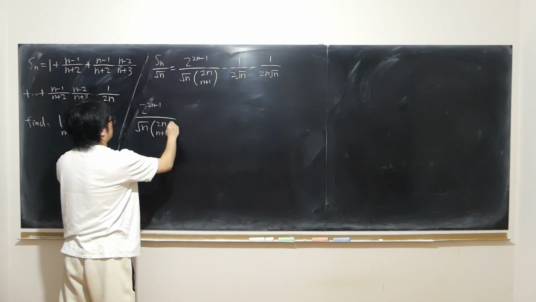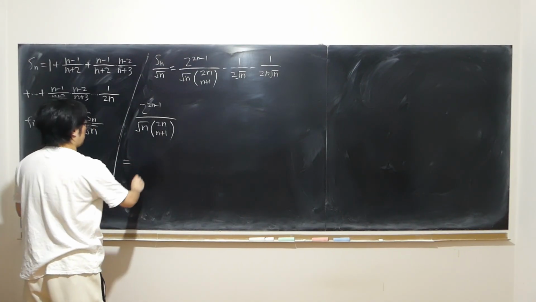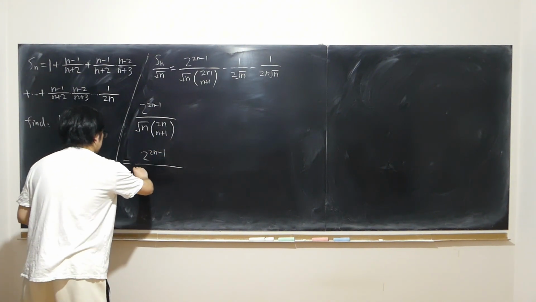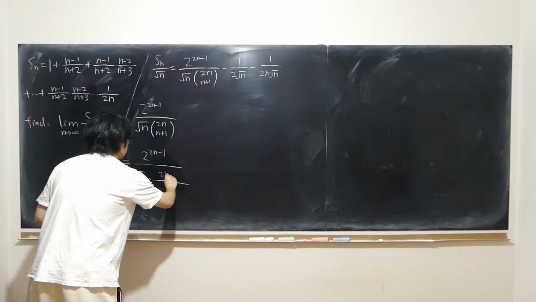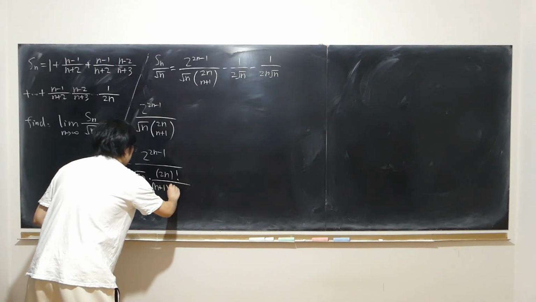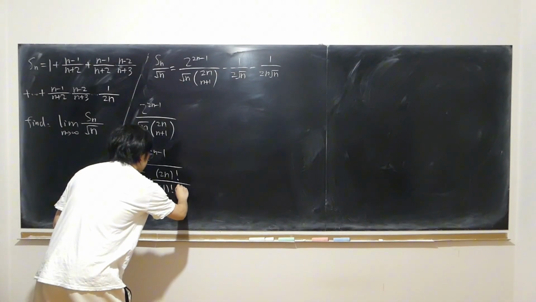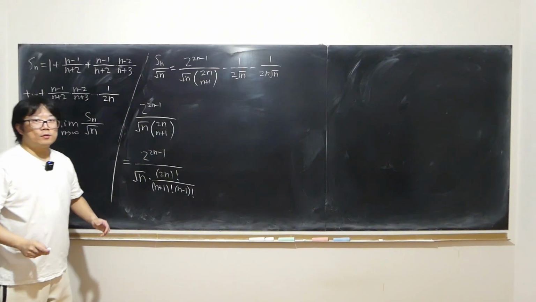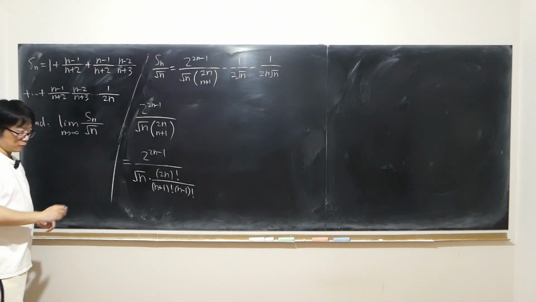So when you write it down in detail, square root of n times 2n factorial, n plus 1 factorial, this minus this, you have n minus 1 factorial. When we see factorial, of course we think of using Stirling's formula.